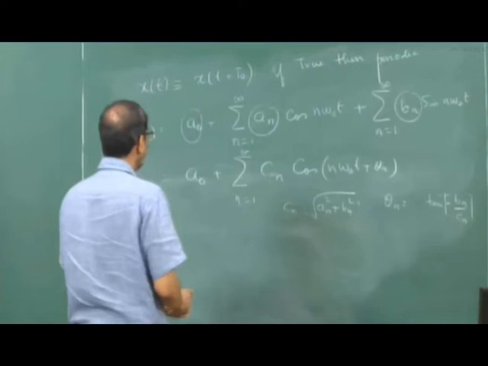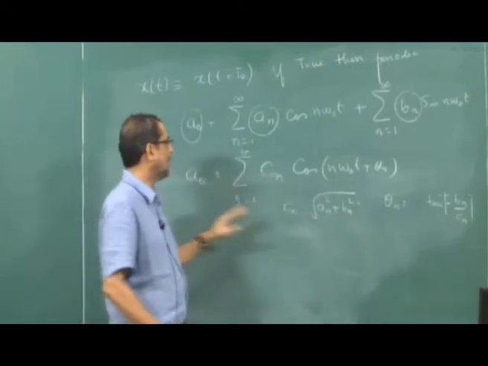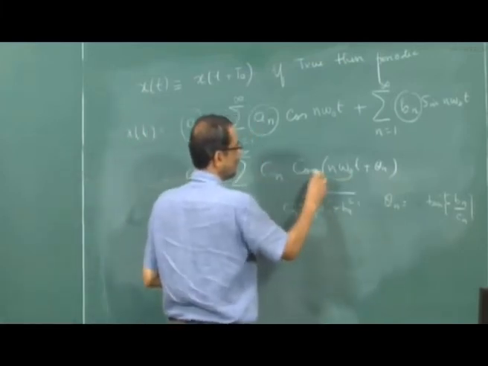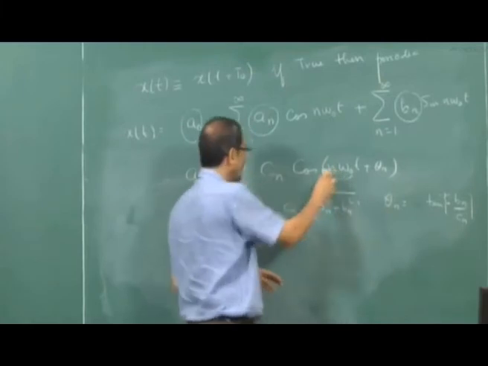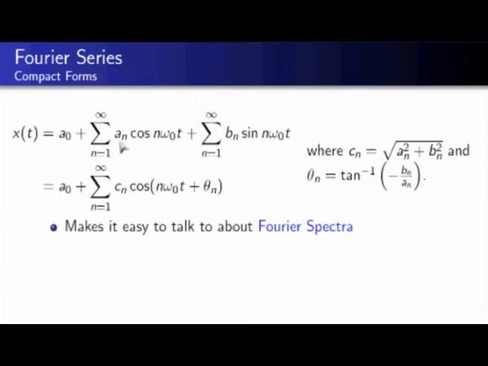The reason for going in for this compact expression is this says I have a cosine of n omega naught frequency of this amplitude and this phase value. So I can now talk about what is the contribution of each frequency for this signal x of t. So 1 omega naught contributes C1, second omega naught contributes C2, and so on. So I can find out the amplitude of each of those contributing frequencies.